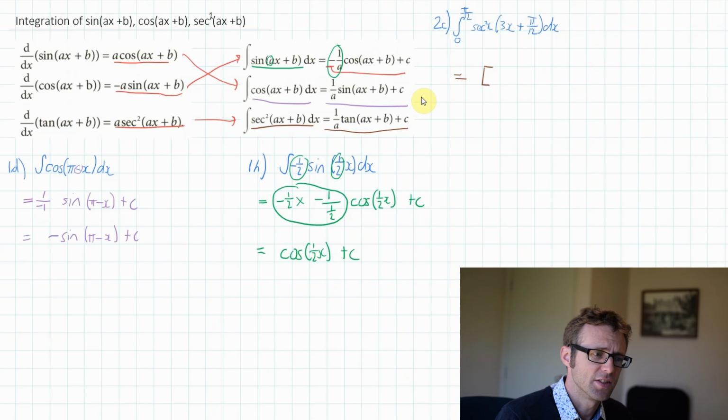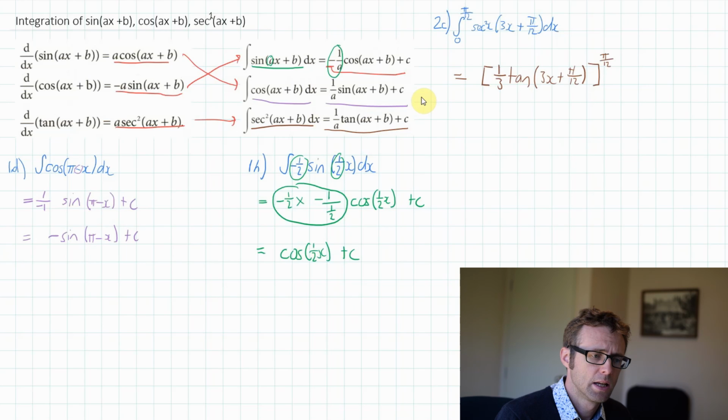In this case, a is the 3, the coefficient of x. So I'm going to go 1/3 tan of 3x plus pi over 12, and then at the end of the brackets I'm going to have my limits.